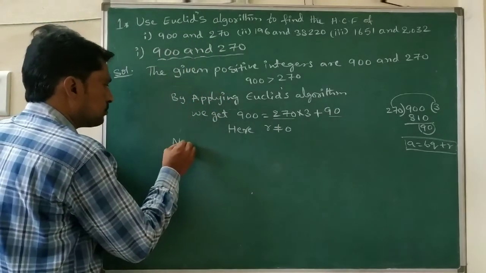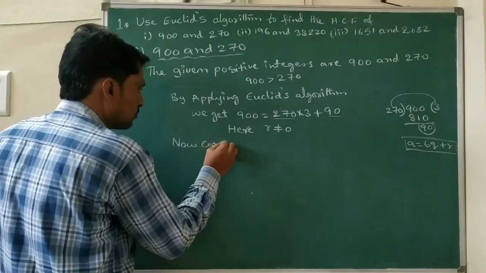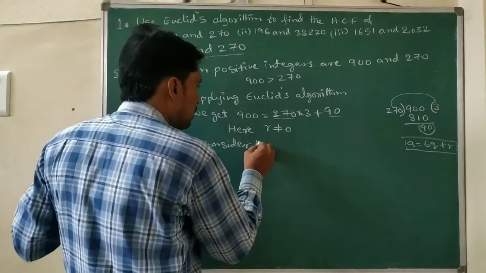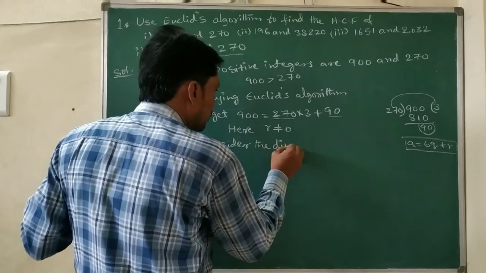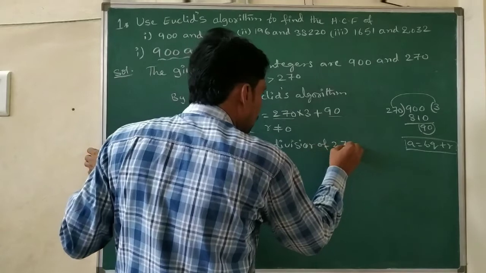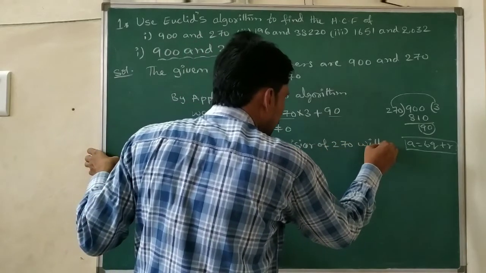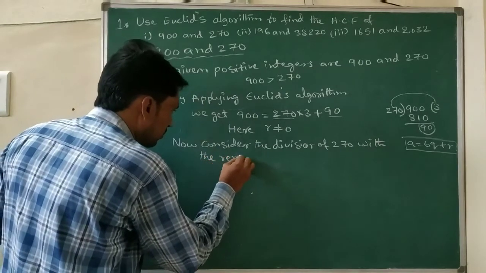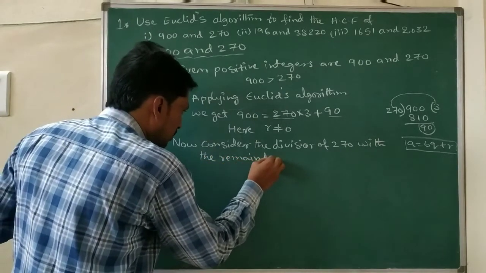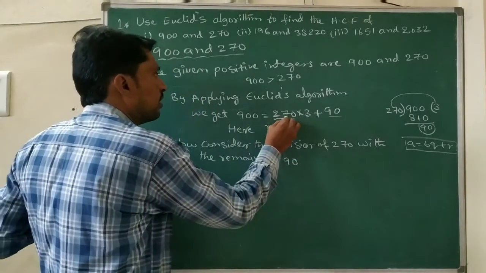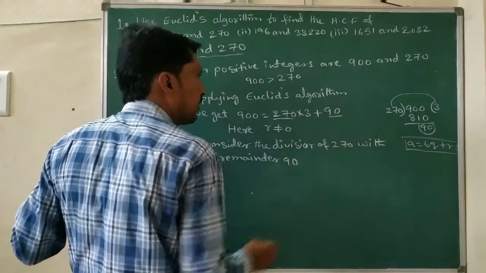Now consider the divisor 270 with the remainder 90. So here the divisor is 270, the remainder is 90.